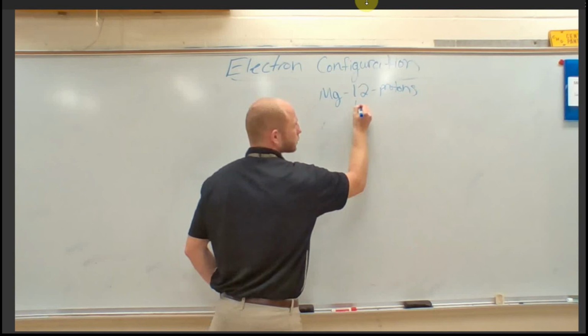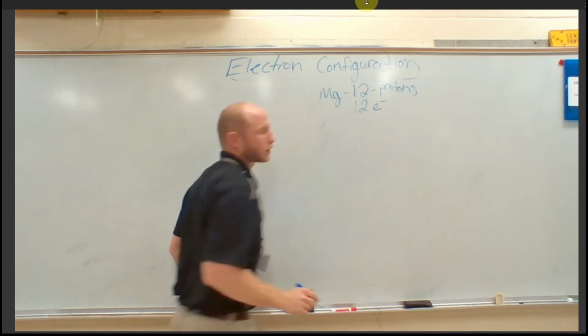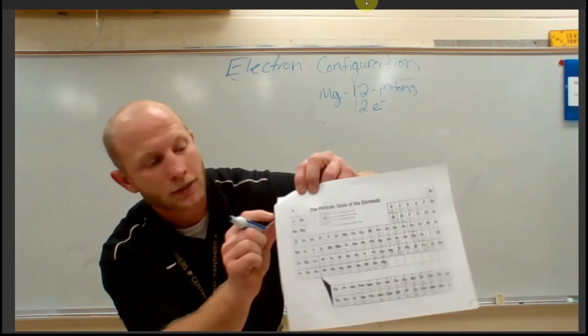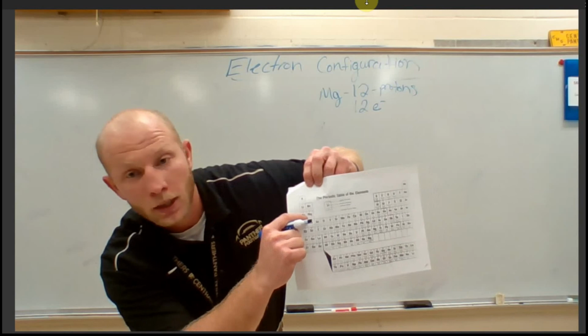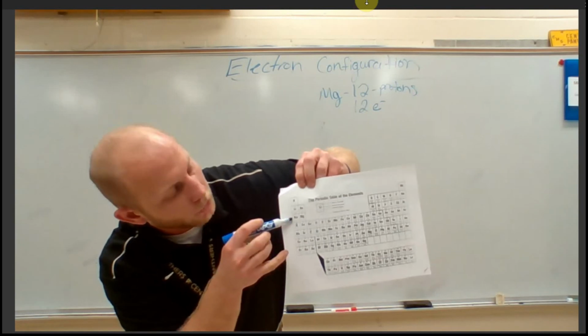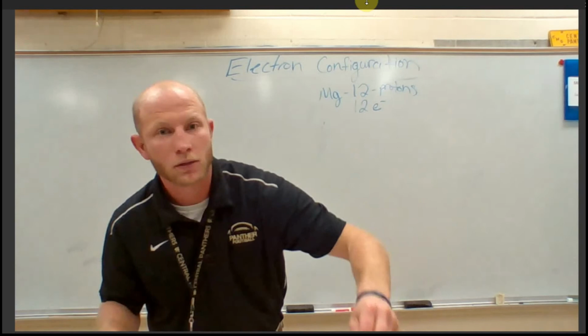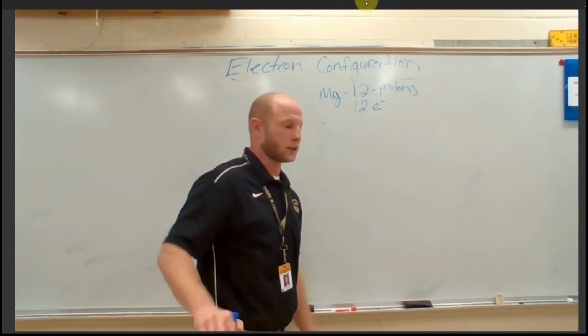But it also has, and we're talking about electrons right now, so this is what we're interested in, 12 electrons. So if you find it on your periodic table, it has 1, 2, 3. I find sodium in the third energy level, and then magnesium's the second one over. So it's still in the third row. So if it's in the third row, then it must have 3 energy levels.